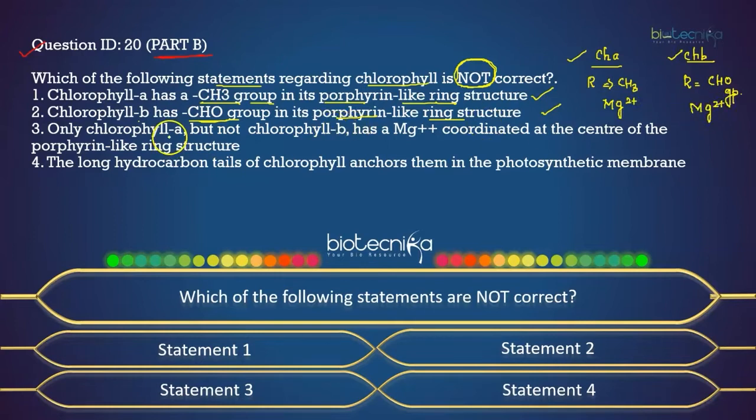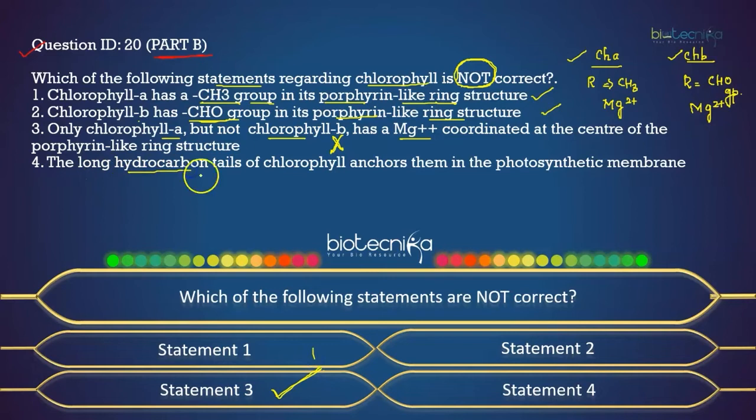But let's check statement number 3. Only chlorophyll A but not chlorophyll B has magnesium, which means they are saying chlorophyll A has magnesium and chlorophyll B does not have magnesium. Yes, it's not the case. Both have magnesium. So this is the wrong statement, and I will be choosing this option as the incorrect statement. Let's check the last statement anyway.